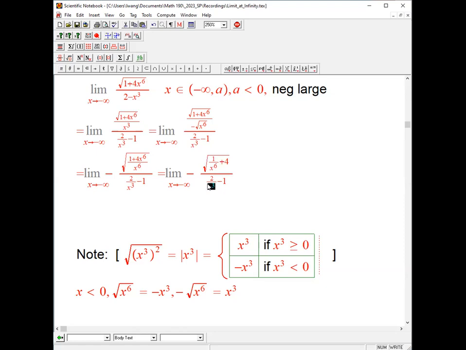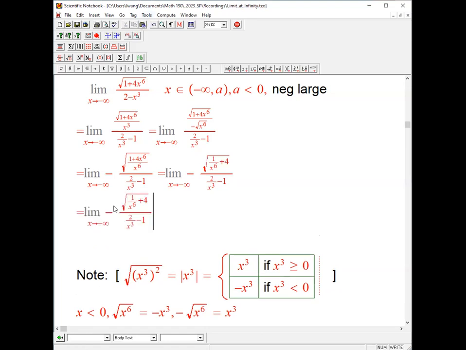Every limit exists. Therefore, we can take the limit inside. And the square root is a continuous function, so we can take the limit across the continuous function. So what do we got now? Our next step should be to take this limit.